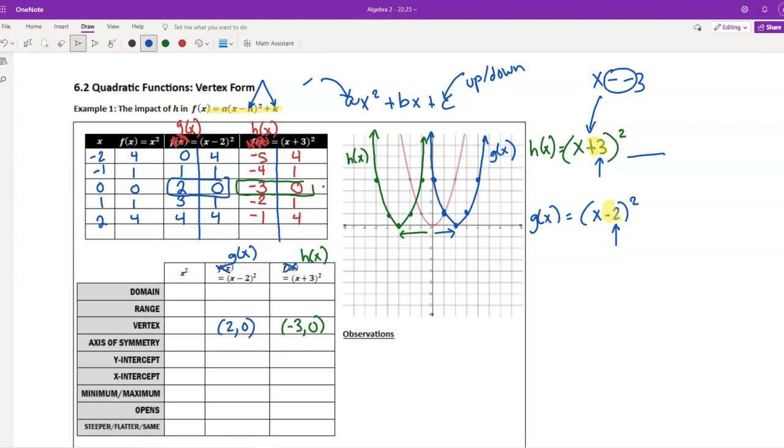When something's happening to the x, it's actually the opposite of what we think, and it looks different. We are subtracting a negative, but it looks like a positive. So what's really happening is that if our h value is greater than 0, we slide to the left, like we did in h of x. And if our h value is less than 0, we're actually going to slide to the right.